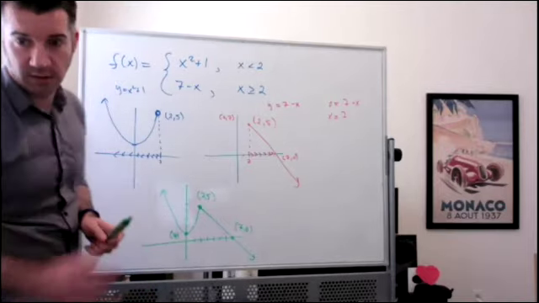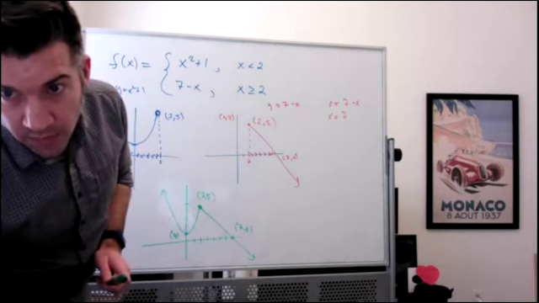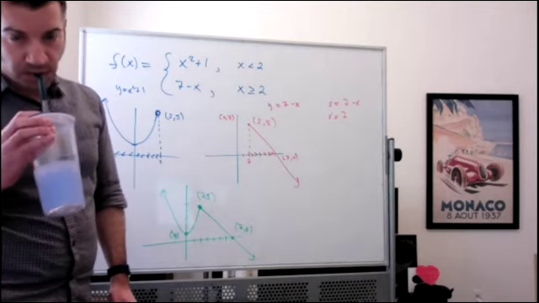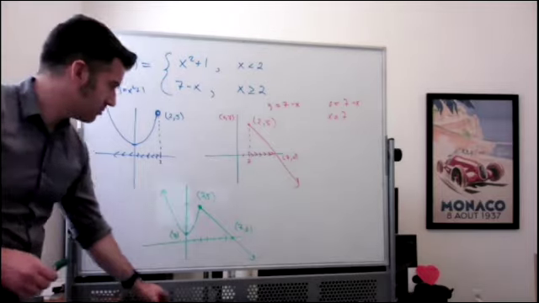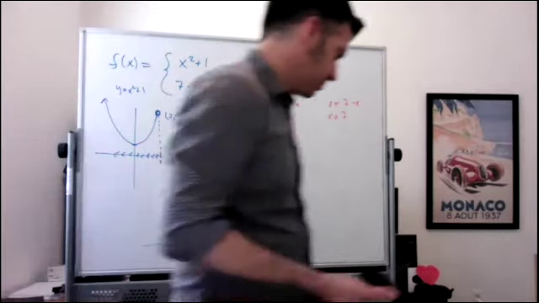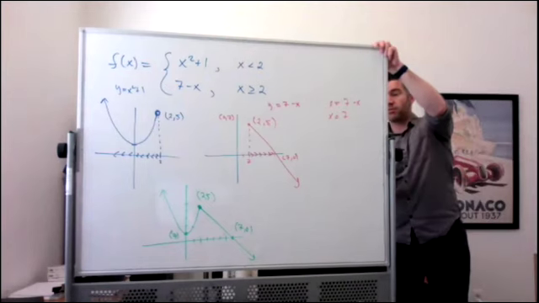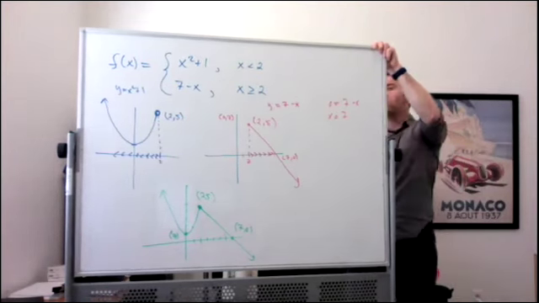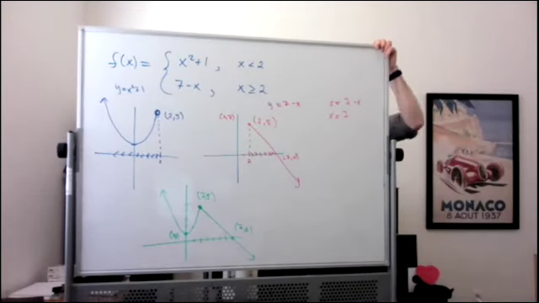Questions about this? I had a quick question. Go ahead. When doing the homework, do we have to specifically label the point where it changes, or if we were to differentiate the two graphs with different colors, or do you want the point? I do want it, yes, labeled would be good.